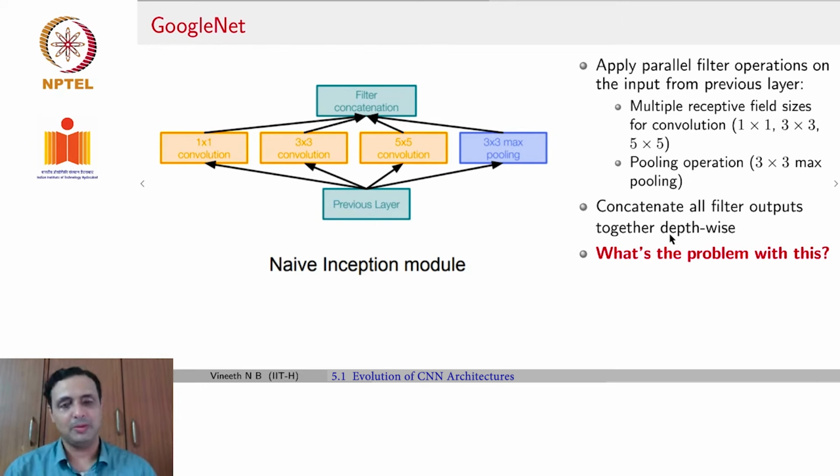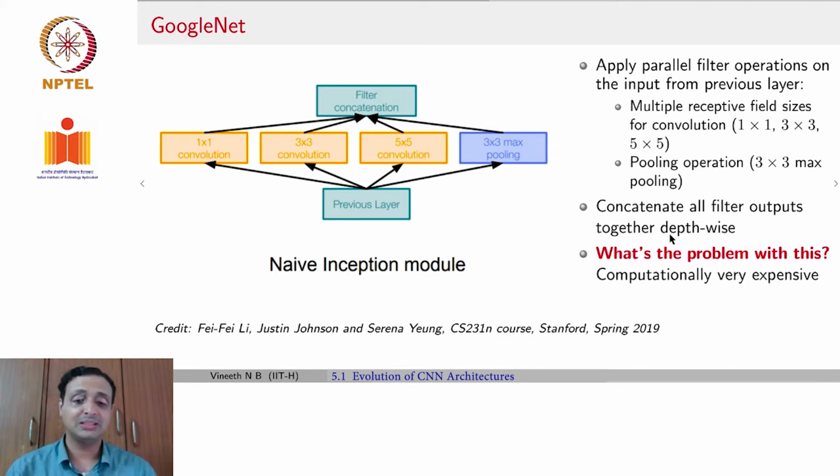But there is a problem here. Do you see the problem? The problem is this is computationally very expensive. Remember, we said for AlexNet that most of its computations are in its convolutional layer. While the parameters may not be high, remember, you have to take the filter and convolve on every part of the image, and that can be pretty expensive.